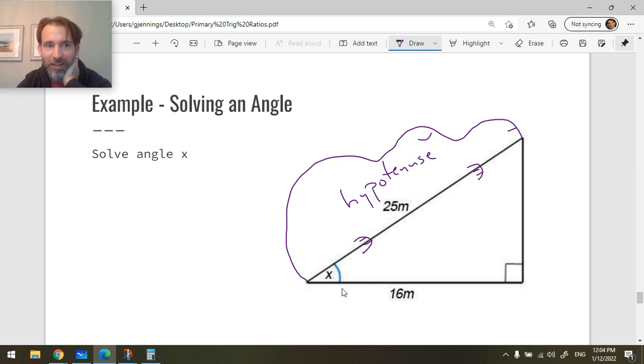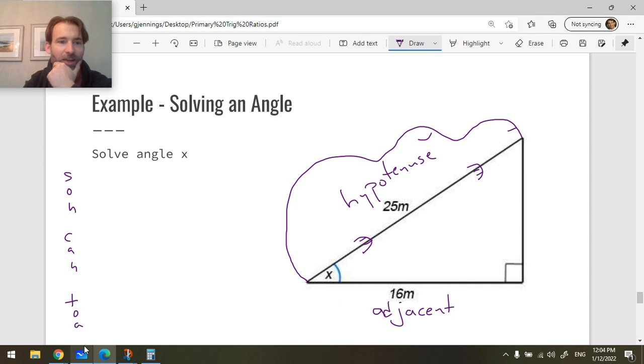What side is this? Opposite, adjacent, or hypotenuse? Adjacent. Absolutely. And what ratio relates hypotenuse and adjacent? Sine, cosine, or tangent? SOHCAHTOA. Tangent relates opposite and adjacent.